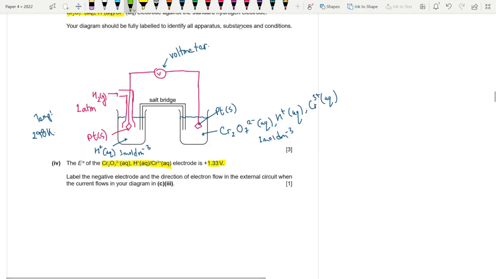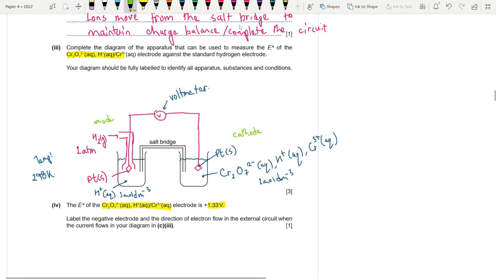The electrode that gets reduced is termed the cathode, so clearly this side will be the anode. Now in an electrochemical cell, the cathode is actually positive and the anode is actually negative, in contrast with an electrolytic cell.